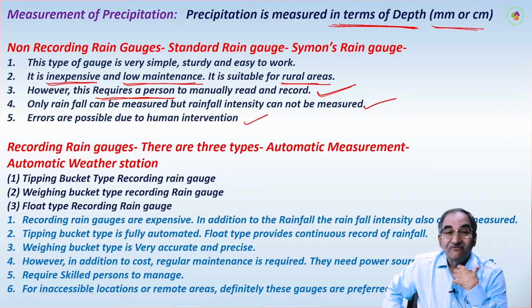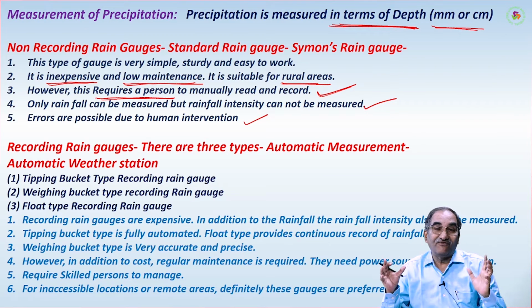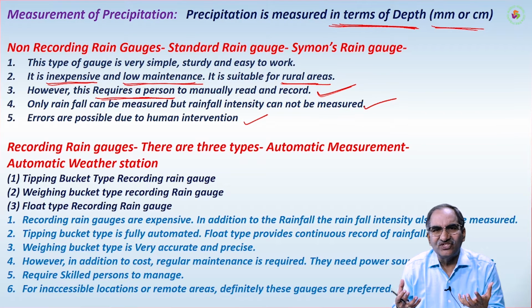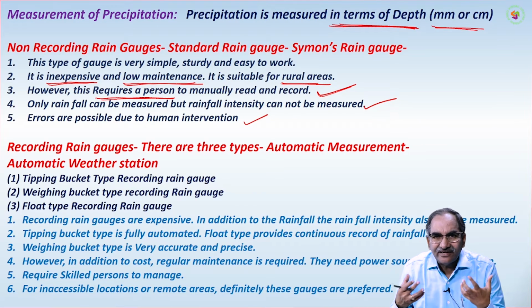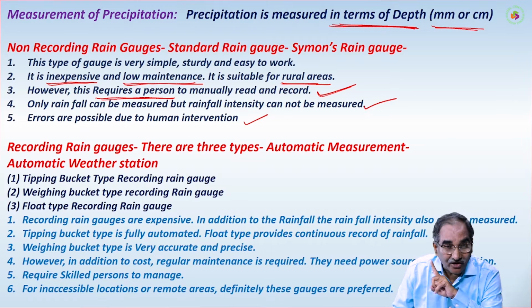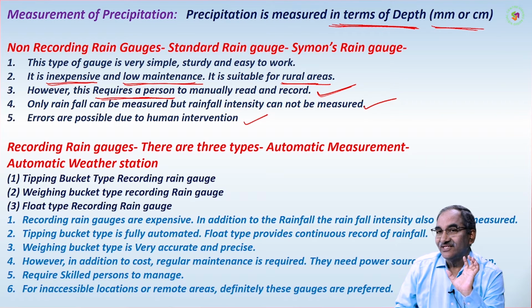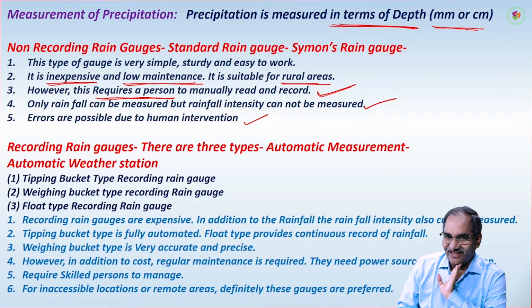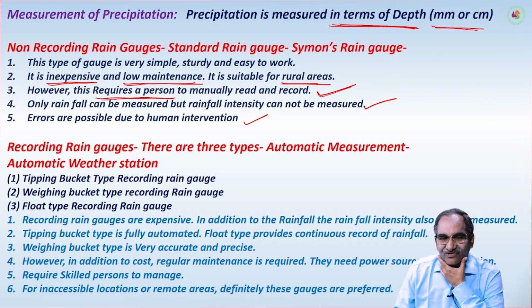For example, there is a half-hour or one-hour thunderstorm. What is the intensity of that rainfall? You cannot measure that intensity with the Siemens rain gauge. The third problem with that rain gauge is that naturally, when human involvement is there, the possibility of error is there.